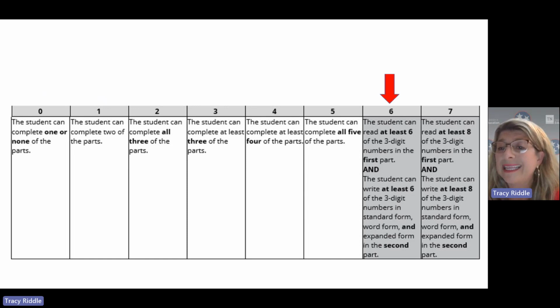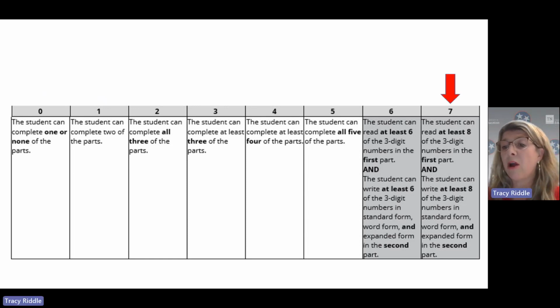If the student can read at least 6 of those 10 3-digit numbers in the first part of the assessment, and they can also write at least 6 of the 3-digit numbers that were called out from those 10, and they are able to write those 3-digit numbers in all 3 forms, standard, word, and expanded form, that is the score of a level 6. If students are accurate in completing all of level 6, you do not have to upload evidence to show that they completed level 5.